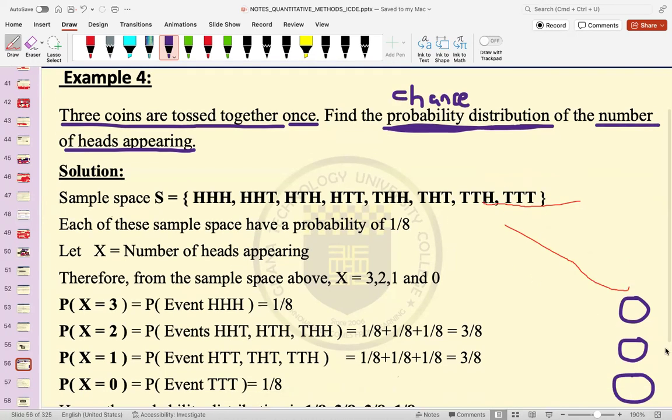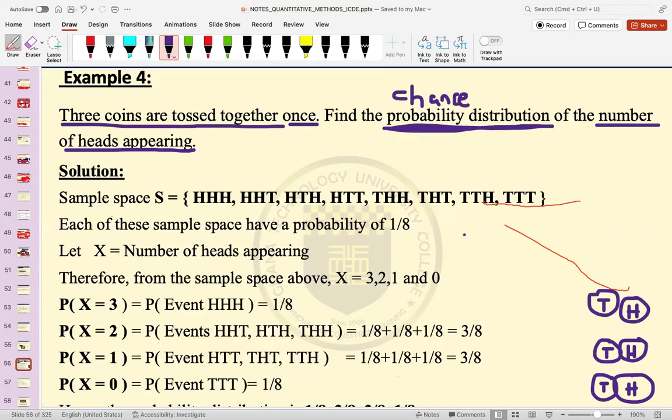I said earlier that the front view of the coin is what we call the head, H, and the other side is what we call the tail, T. So 3 coins means each of them has 1 H, 1 T, so you have 6 surfaces.